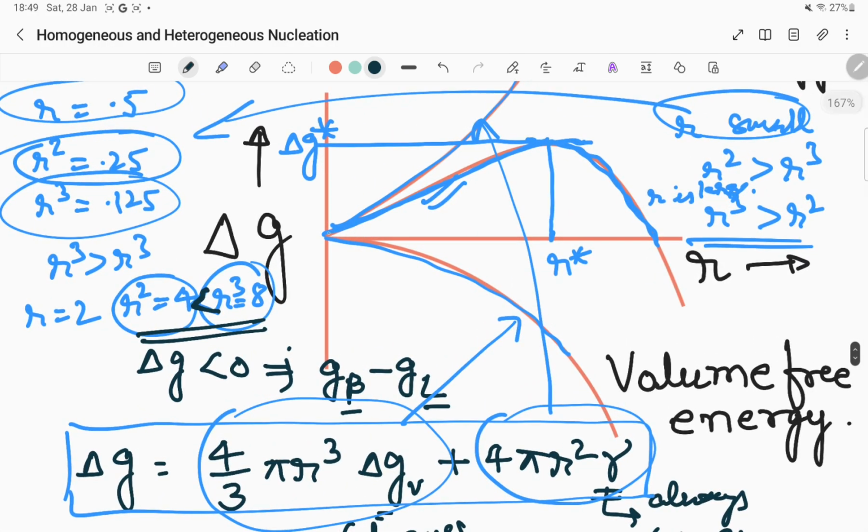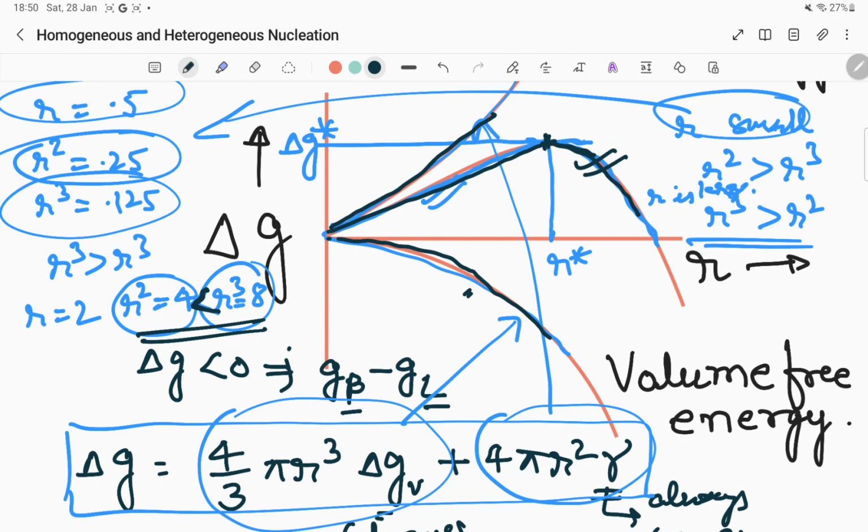First, it is increasing to a value when R is very small, and then it certainly starts decreasing. So first this R square curve is continuously increasing, and after that, in combination with the volume free energy curve, it starts decreasing. The middle curve is the combination of two curves, first interfacial energy and then volume free energy.